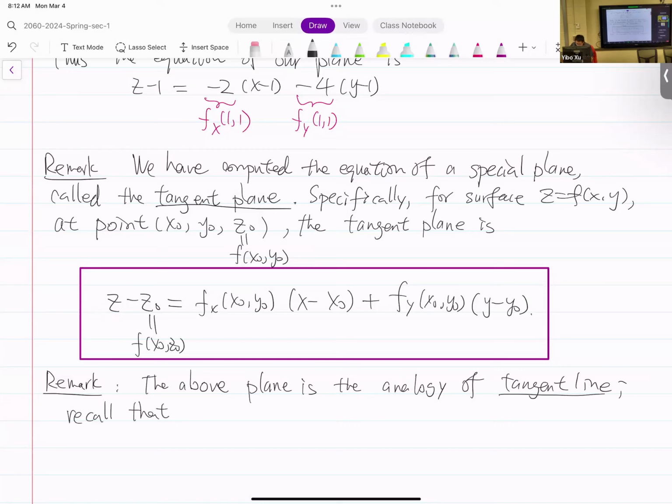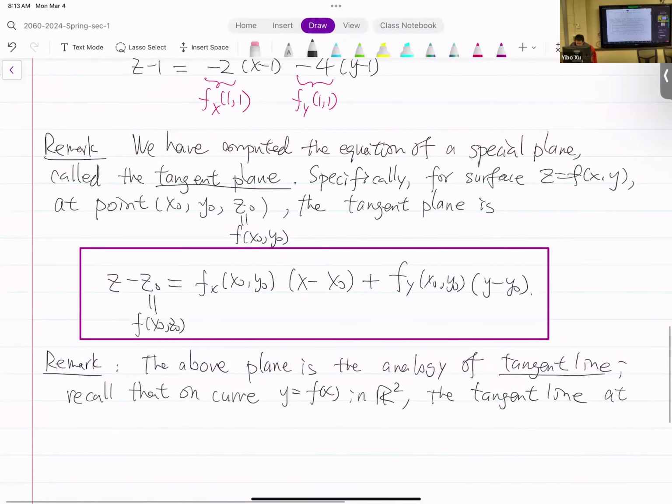on the curve y equals f of x in R2, the tangent line at a point x0, y0 is y minus y0 equals f prime of x0 times x minus x0, where in front of the bracket you multiply by the slope of the tangent, right?